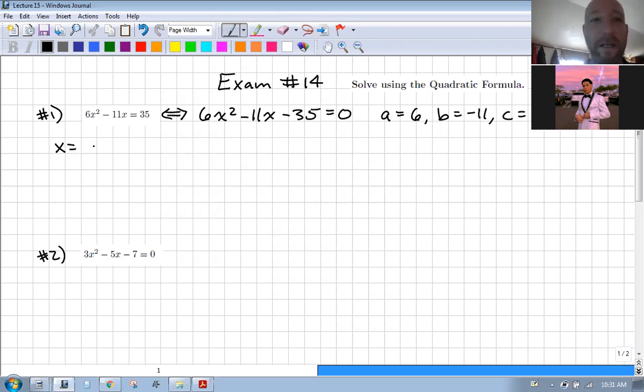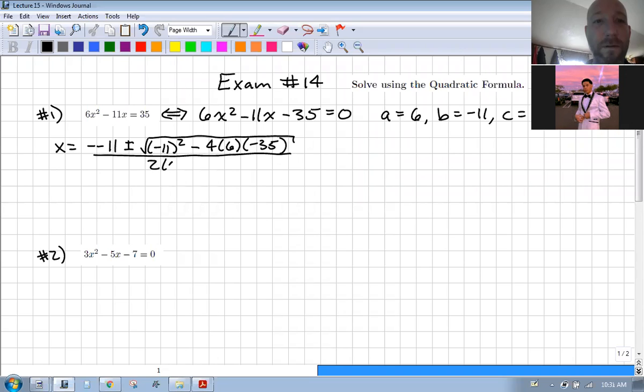So X is negative B plus or minus the square root B squared minus 4AC all over 2A. So we have an 11, 2 times 6 is 12, plus or minus.